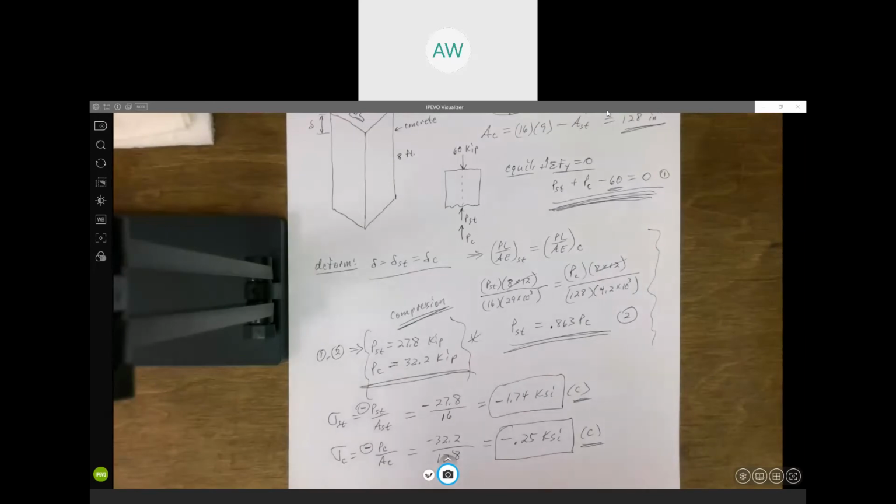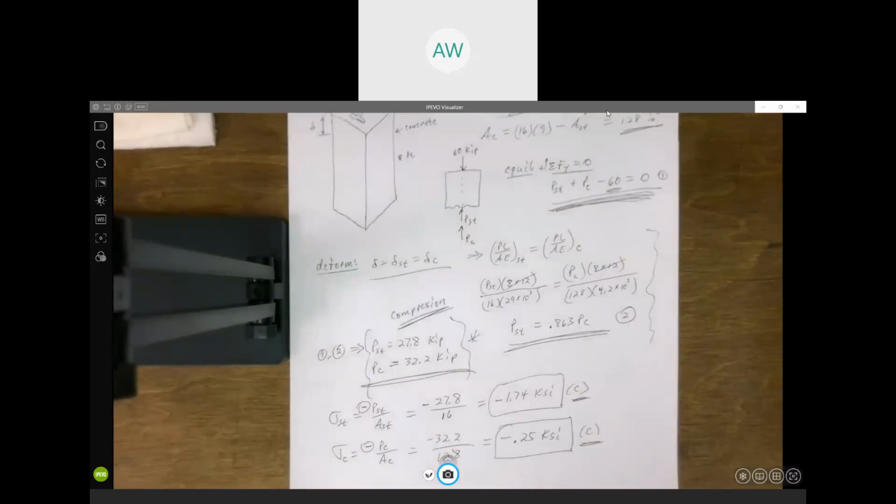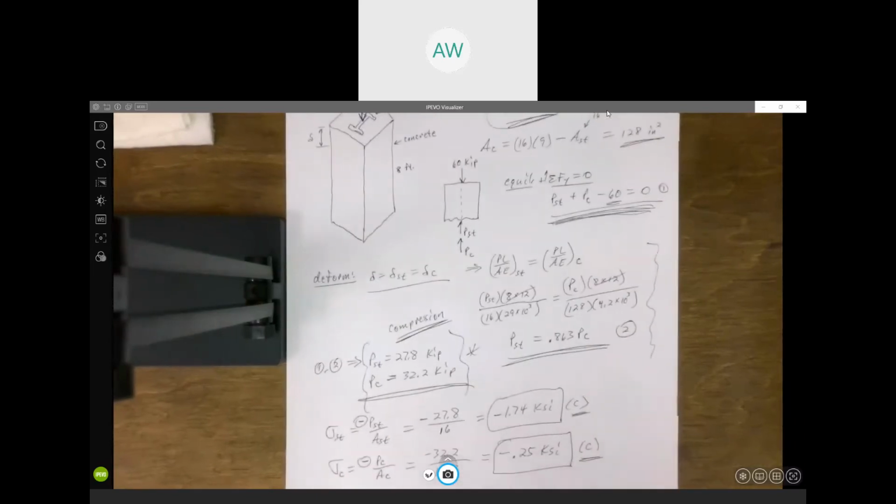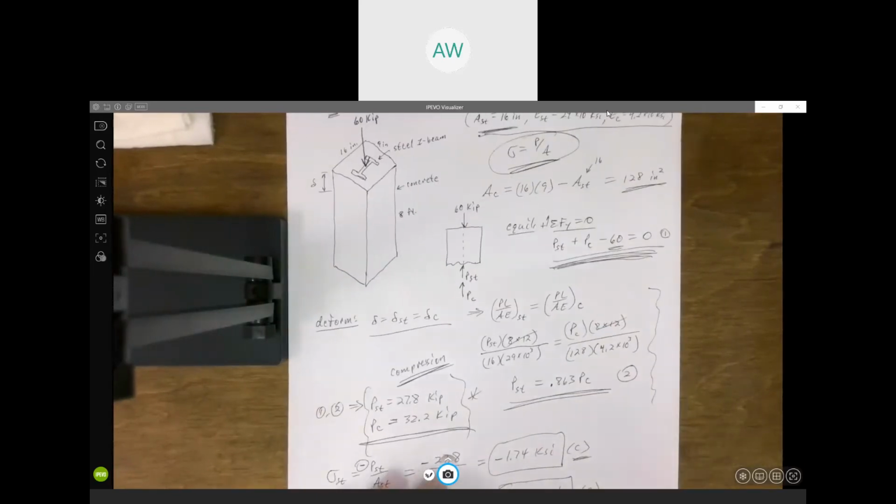Whether it's one steel beam or, more commonly, rebar, just a bunch of steel rods in the concrete. Any thoughts or ideas? What's the purpose in putting steel in there as opposed to just concrete? Steel is really good in tension, and concrete's really good in compression.